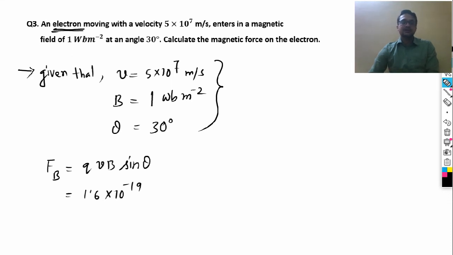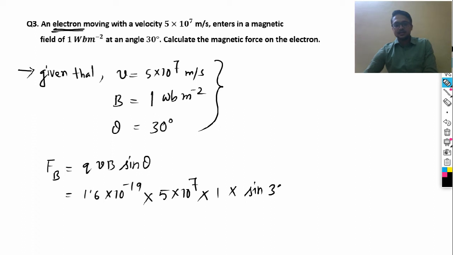Only magnitude, into v. V is 5 × 10⁷. B is 1, and sin theta means sin 30 degree, and the unit will be Newton. This is force.